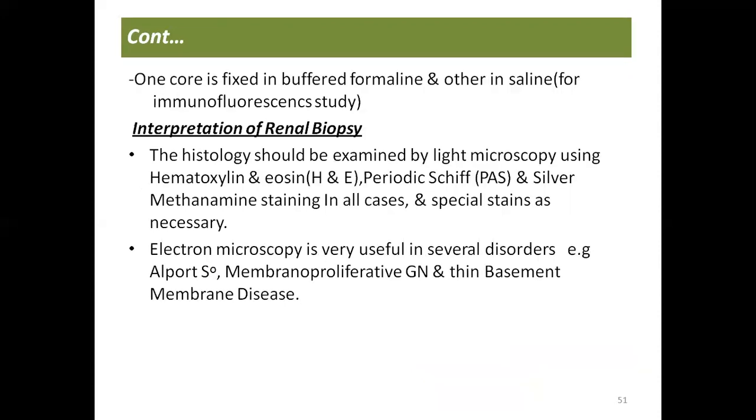One sample is fixed in formalin and the other in saline solution. Histology should be examined by light microscopy using hematoxylin and eosin, periodic acid-Schiff, and silver methenamine staining in all cases. Electron microscopy is very useful in several disorders like Alport syndrome, membranoproliferative glomerulonephritis, and thin basement membrane disease.